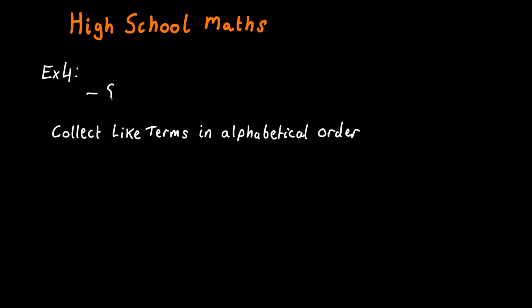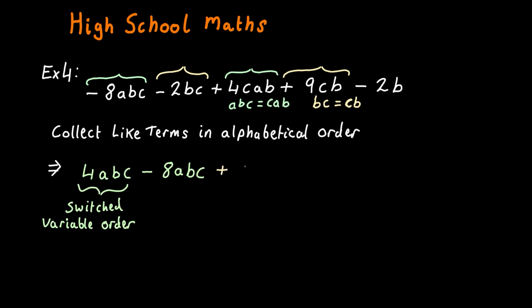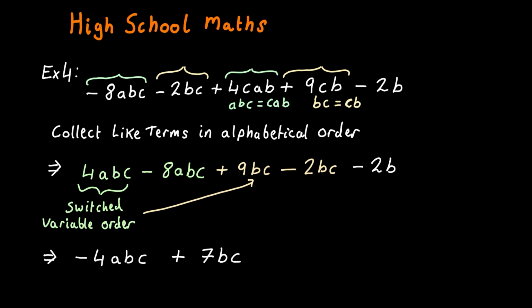Example 4, we have a very similar situation, but now we've got terms that contain 3 variables multiplied together. And again, we've got 2 different like terms here. The ABC term, or the CAB term, which are the same thing, and the BC term. And placing these in alphabetical order, we end up with minus 4ABC plus 7BC minus 2B.